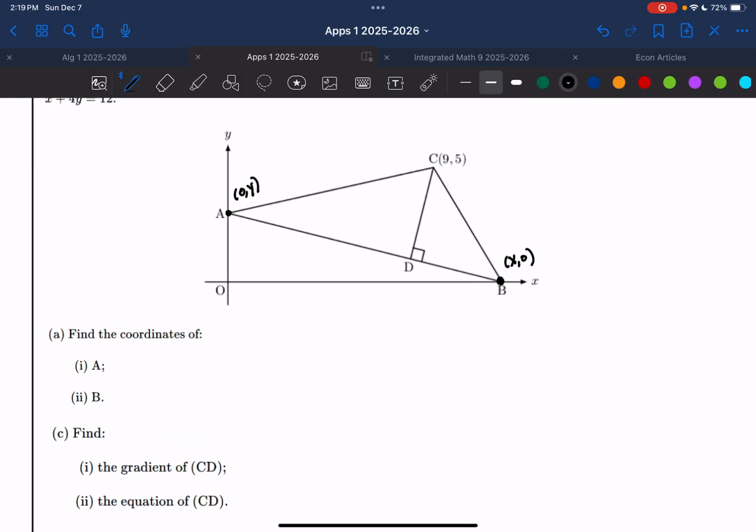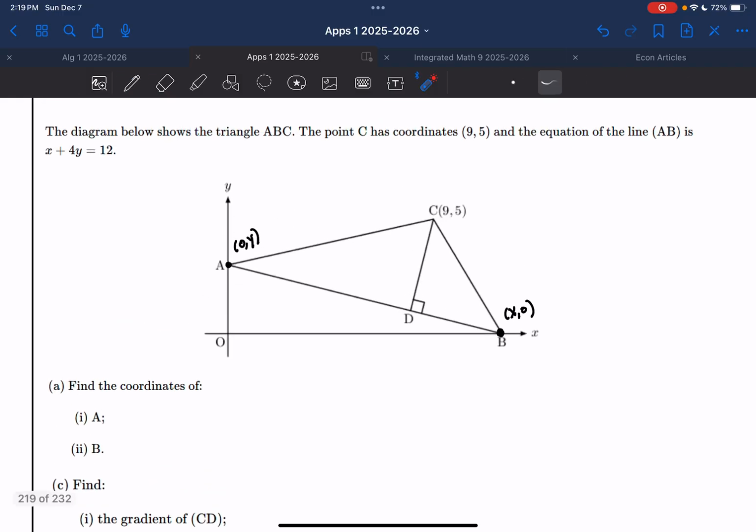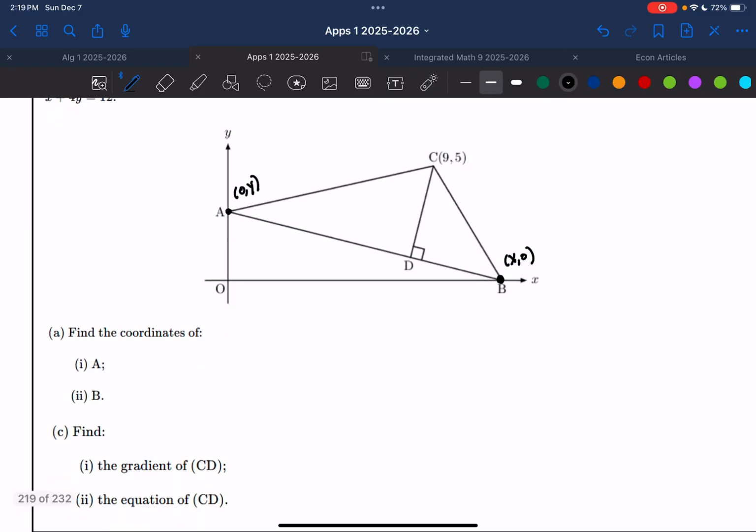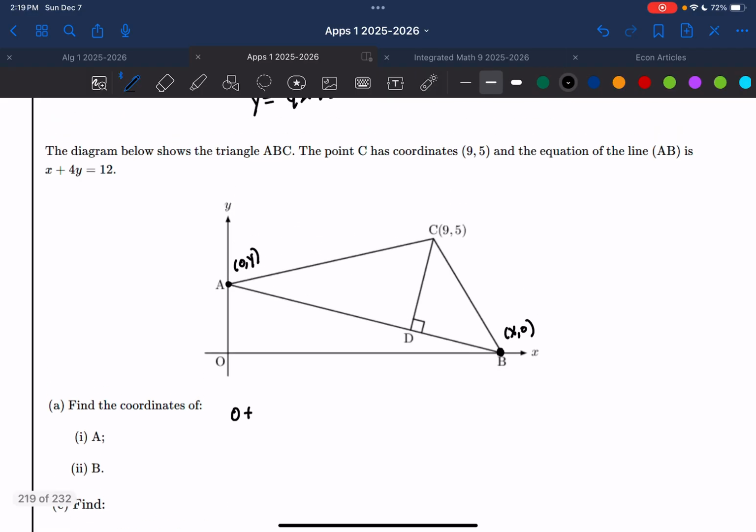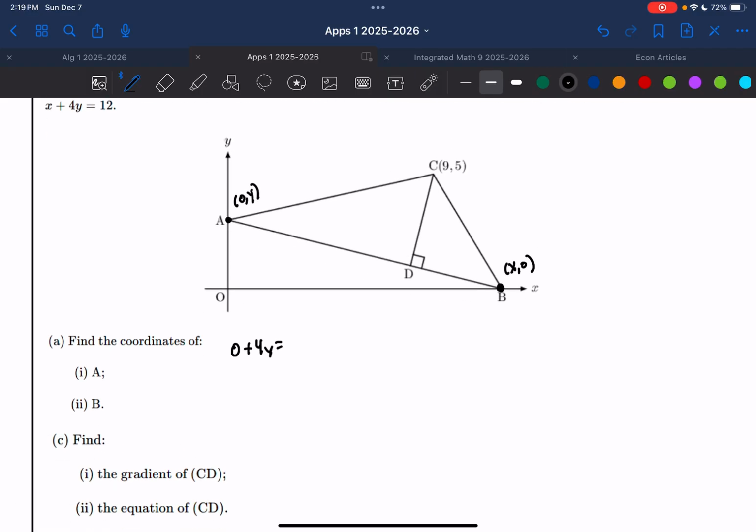So to find the coordinate for A, we're going to plug in 0 for x and solve for y. So for A, 0 + 4y = 12. That just means 4y = 12, or y = 3. So for point A, we're at (0, 3).